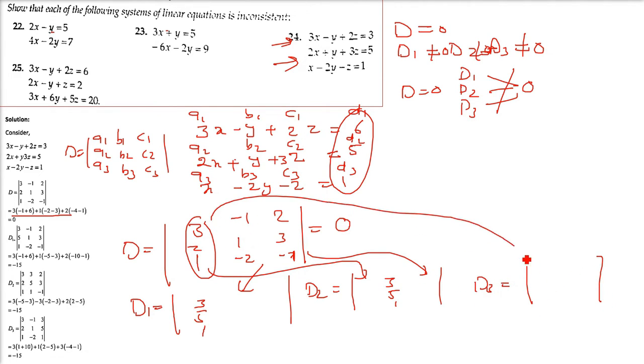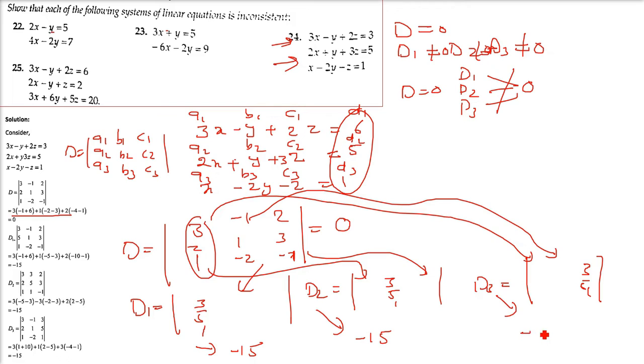So the first and second will remain the same. Only the third one will be 3, 5, 1, or any other number which is on the right hand side. So D1 will come as minus 15, D2 in this example will come as minus 15, D3 will also come as minus 15. So whichever you use, x, y and z will not come.